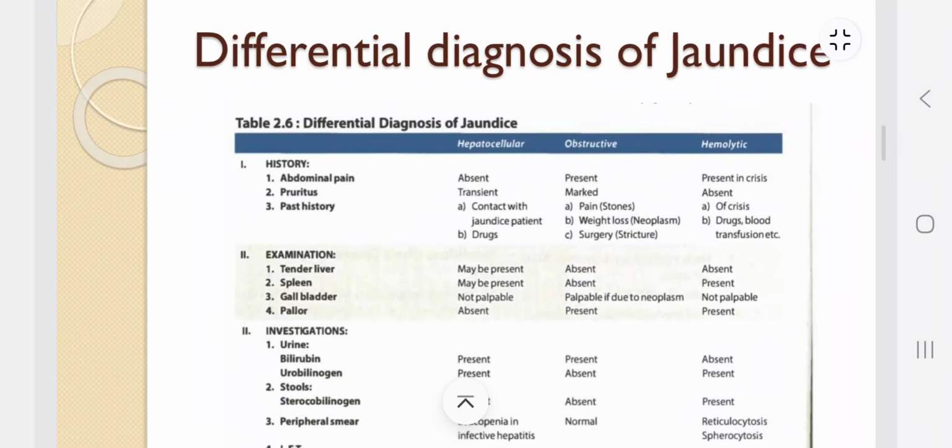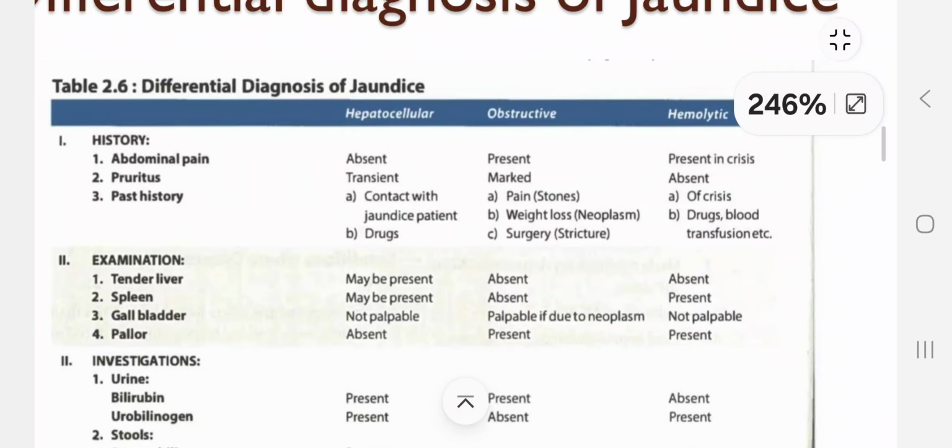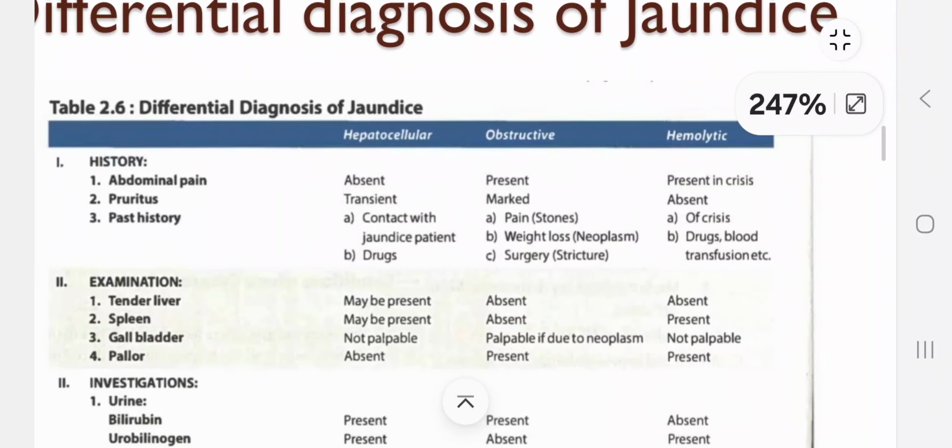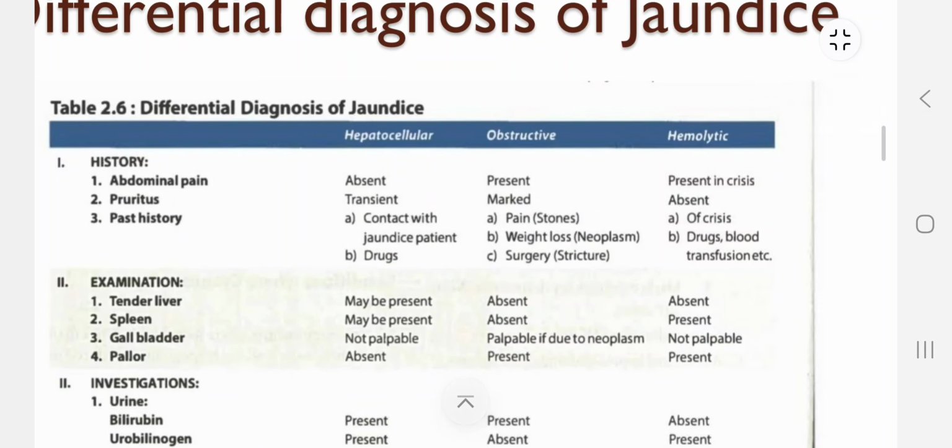So now we will look at the differential diagnosis of jaundice, or how to diagnose jaundice clinically. So you can see hemolytic jaundice, obstructive jaundice, and hepatocellular jaundice. Hemolytic jaundice is the other name of prehepatic or indirect hyperbilirubinemia. Obstructive jaundice is the other name of post-hepatic or conjugated or direct hyperbilirubinemia.